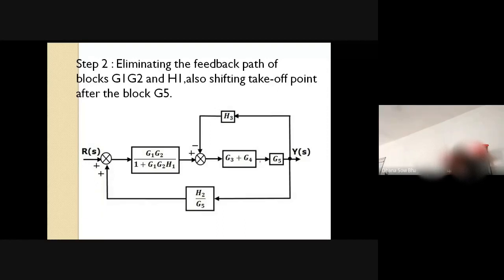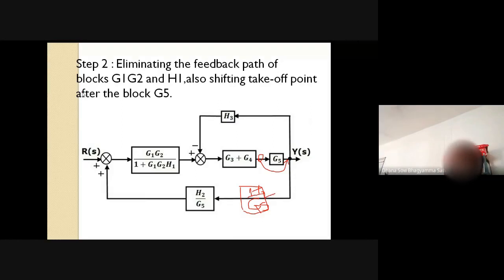Since the branch point has moved from this point to this point, an element 1 by G5 was introduced here, and it is multiplied with H2, so it will become H2 by G5.